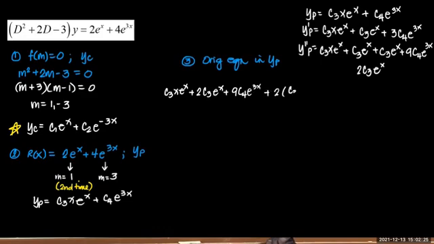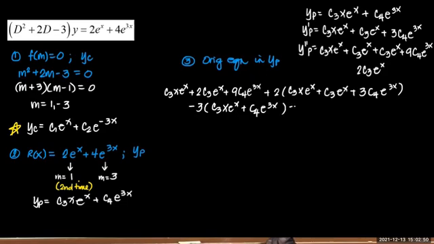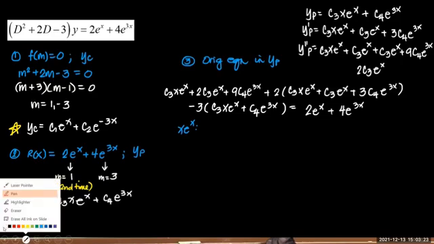So that is c3 x e to the x plus c3 e to the x plus 3c4 e to the 3x, and then minus 3 times the original, which is c3 x e to the x plus c4 e to the 3x, is equal to 2 e to the x plus 4 e to the 3x.